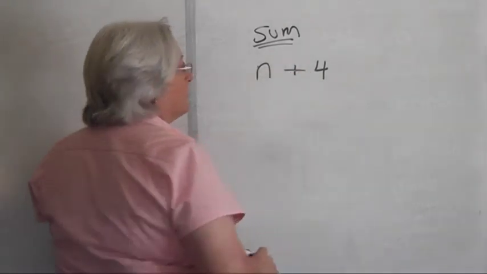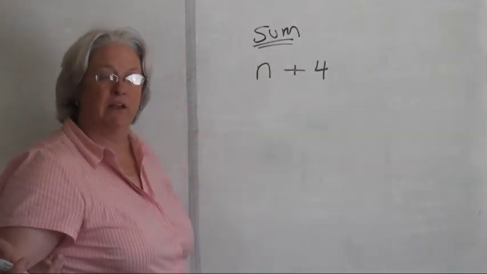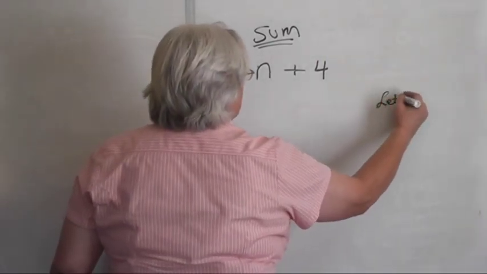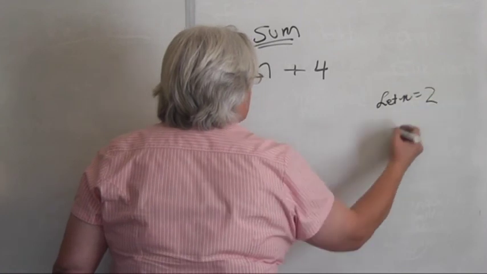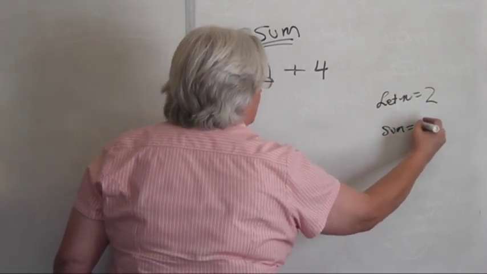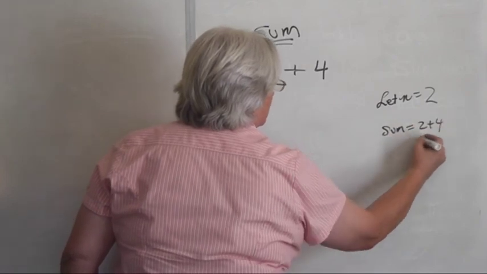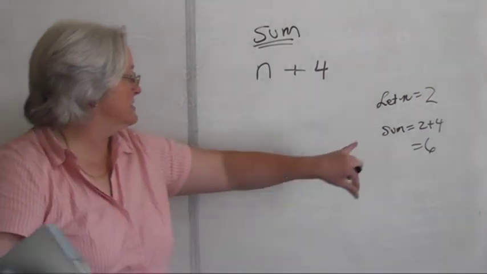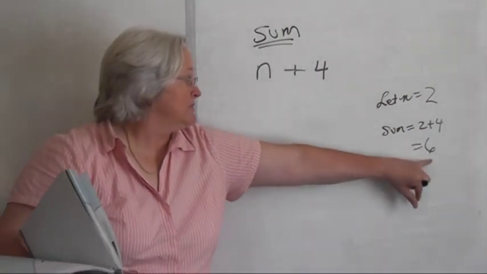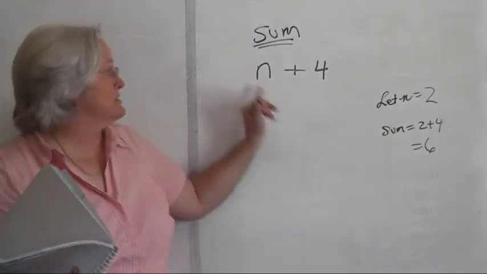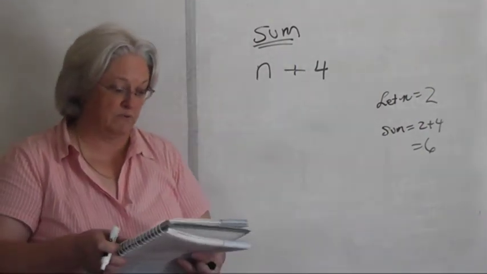N plus 4 is the sum of n and 4. If n were 2, let's say let n equal 2, then the sum of n and 4 would be 2 plus 4, which would be 6. So it makes sense. If the number is 2, the sum is 6. So this is how you do the sum of a number plus 4.